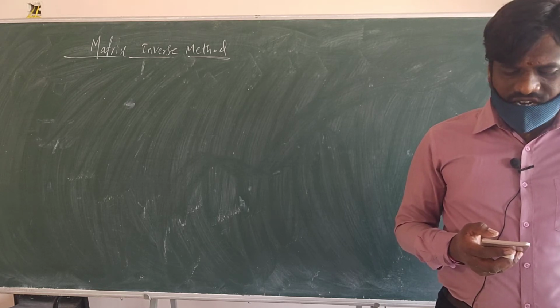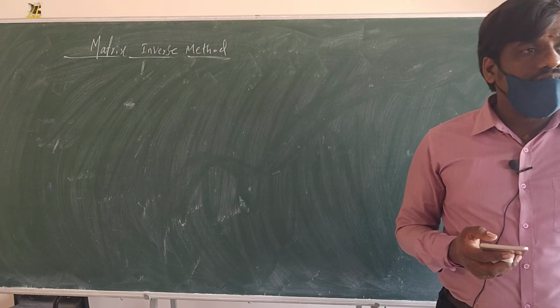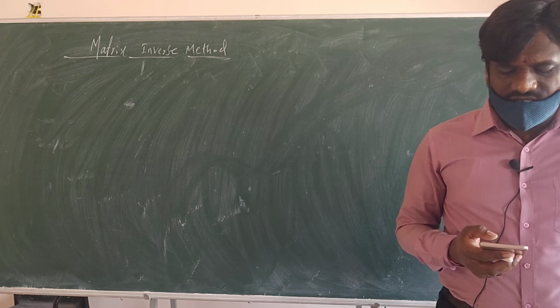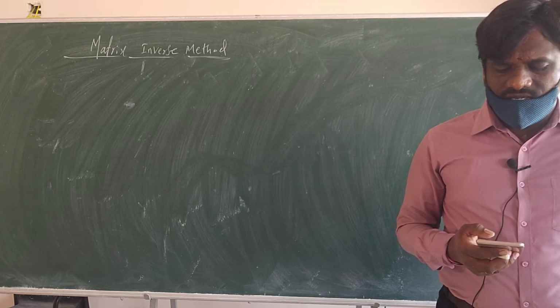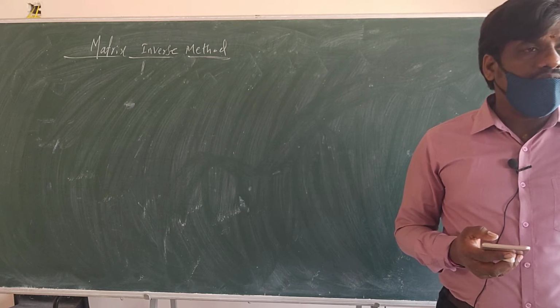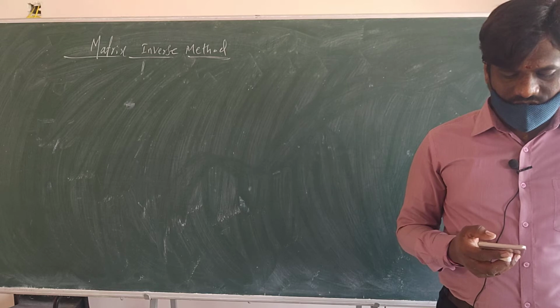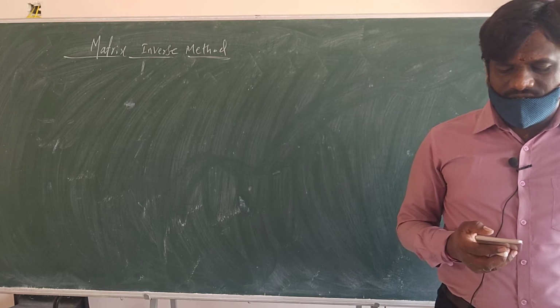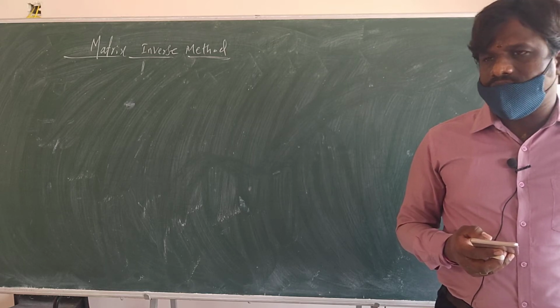The cost of 6 kg onion, 2 kg wheat, 3 kg rice is 70 rupees. Find the cost of each item per kg by matrix method.